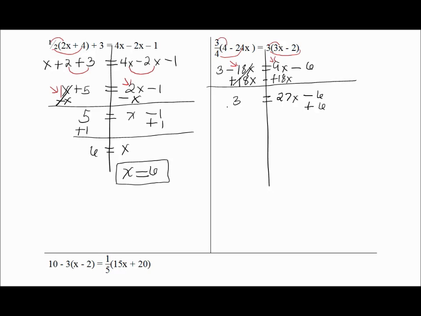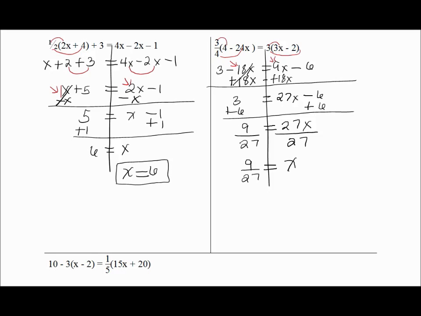Add 6 to both sides. I'm trying to isolate my variable. 3 plus 6 is 9. Bring down my equal sign. Bring down the 27x on the right. Now I need to get rid of that 27, so I'll divide both sides by 27. So that'll give me 9 over 27 is equal to x.